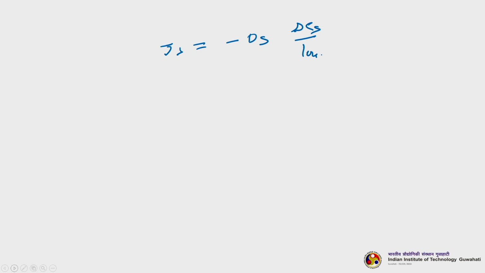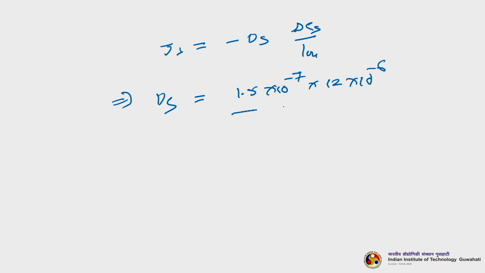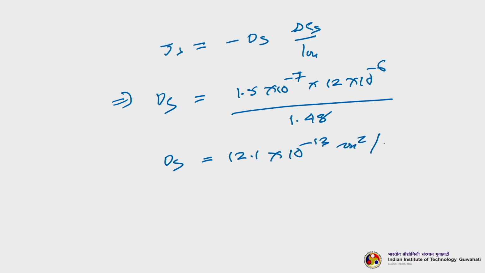So, here we can calculate Ds from here. Ds, the salt diffusivity, equals 1.5 into 10 power of minus 7, into 12 into 10 power of minus 6, divided by delta Cs, which is 1.48. So, Ds equals 12.1 into 10 power of minus 13 meter square per second.